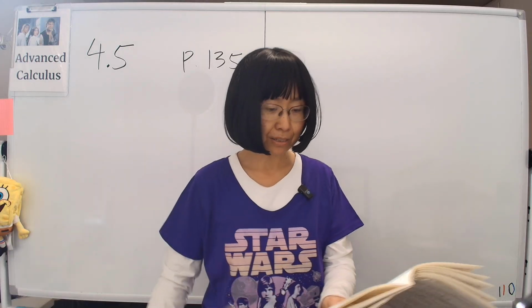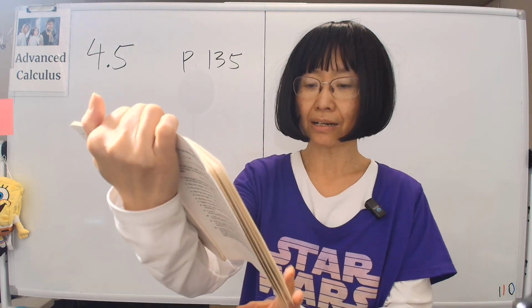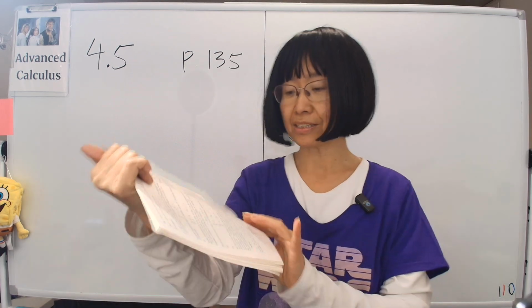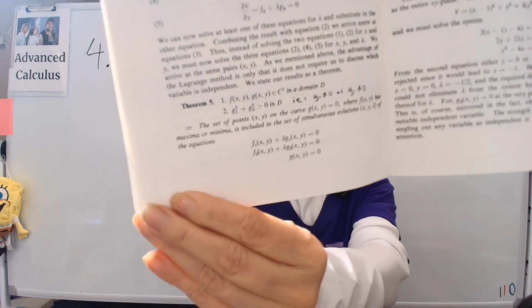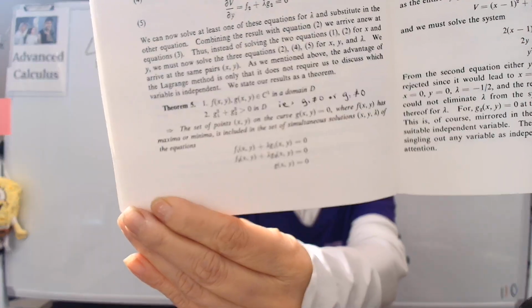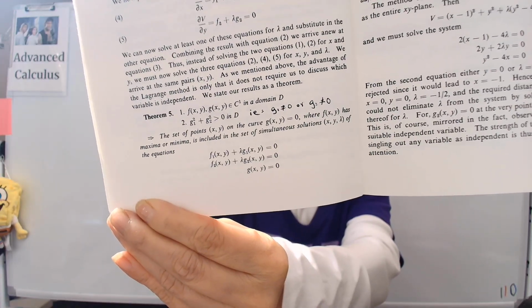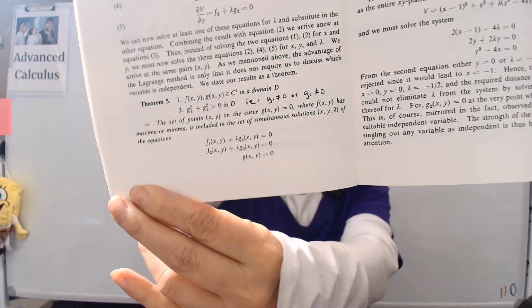Now, we will therefore conclude this solution, and so please work all that out yourself too, okay? But the conclusion is, as we have seen on the bottom of the page, theorem 5, where we have f and g in C1, and then g1 squared plus g2 squared has to be bigger than 0, so at least one of them isn't 0.